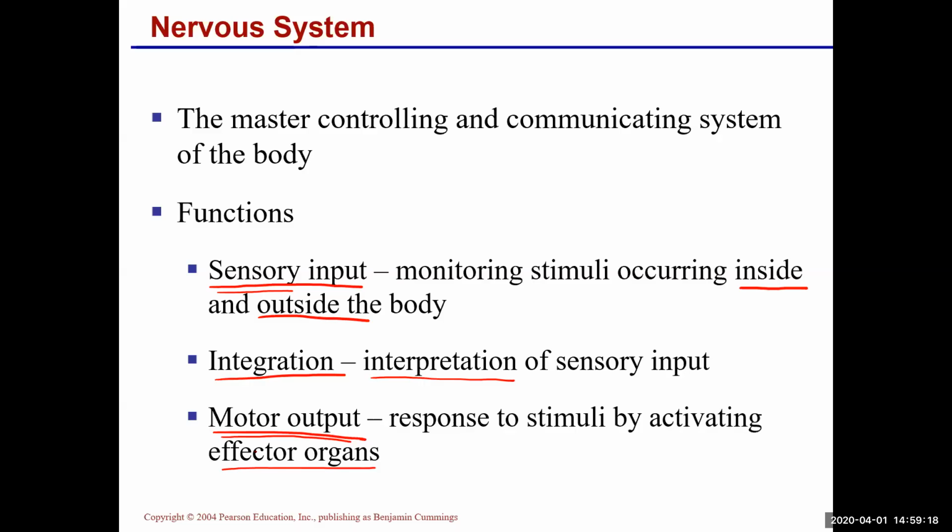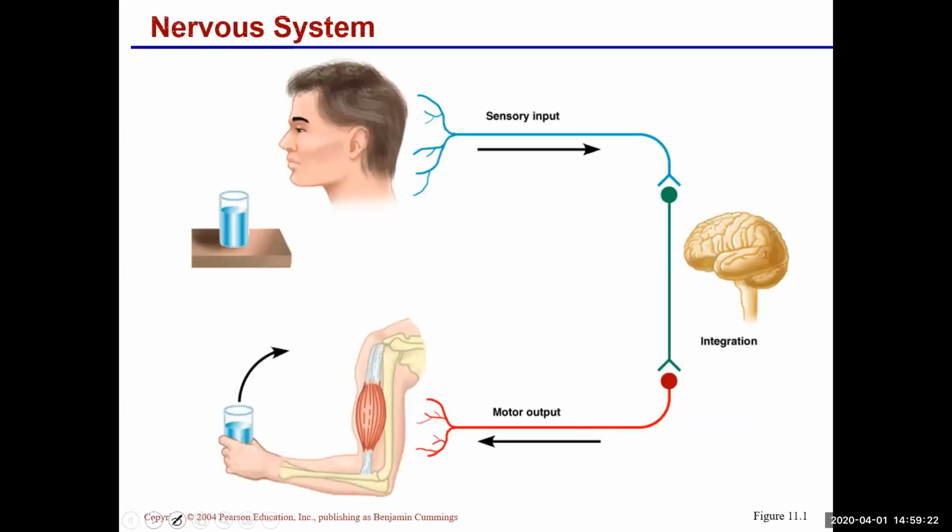Now let's go ahead and take a look at the overall picture again, and see if we can make sense of it. This is just an example. Say, for instance, you're looking at a glass of water, and your thirst center is also activating, your vision and so on is activating via the optic nerve. All that information is going to go to the integration center, which is in this case the brain, but the brain and the spinal cord are part of the central nervous system.